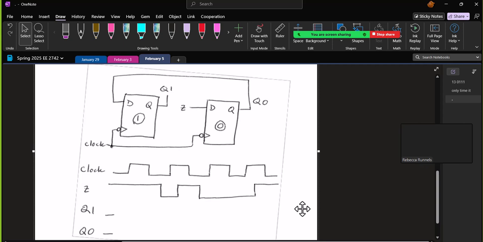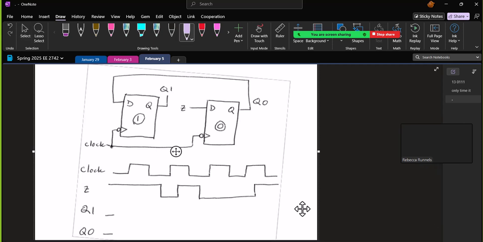Okay, I'll answer general questions. The input for Q1 is Q0. When it's deciding when to change, and notice this is a negative edge triggered clock, it's going to look at the value that it has currently, meaning whatever the other one was before. You're not going to have Q0 change and Q1 change automatically based on Q0's change.